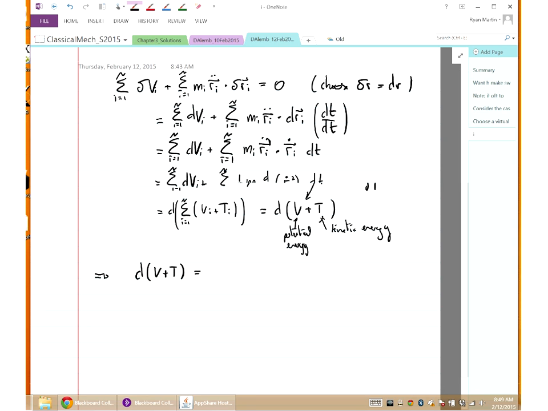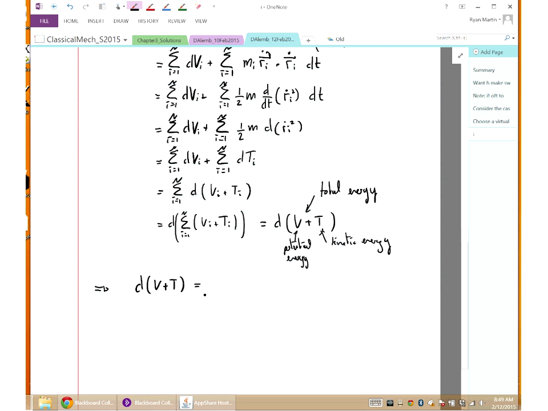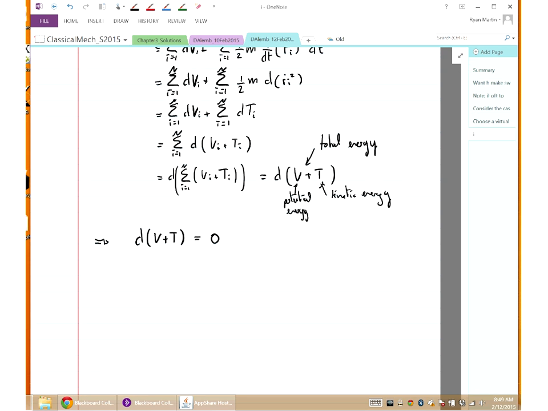So what this tells us is that d of V plus T, if we go back to the top, this whole thing is equal to 0. That means that the integral of d(V plus T), which is equal to V plus T, is equal to a constant, and let's call it E.